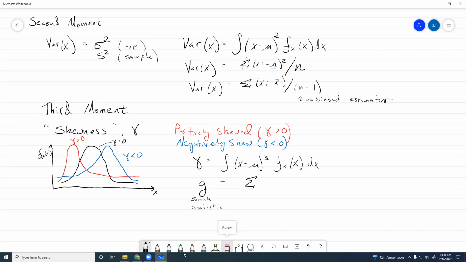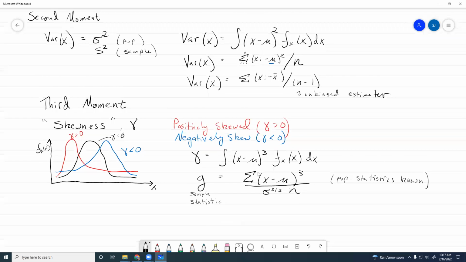We've got the sum of x minus mu to the third, all over the standard deviation to the 3/2, and times n. This is when the population statistics are known, meaning you have a really big data set, or you just know globally that this thing has a mean of this and a standard deviation of this.